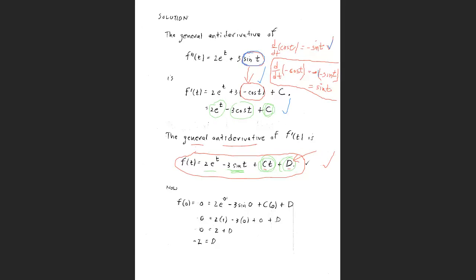We're told that when x equals 0, the function equals 0. So I can substitute in 0 wherever the t is in my function f, as I do here, and that's going to allow me to solve for d, and d will equal negative 2.